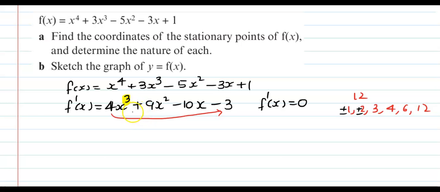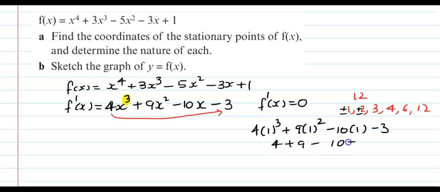So, okay, let's put plus 1 first. It will be 4 times 1 to the power 3 plus 9 times 1 to the power 2 minus 10 times 1 and minus 3. So we get 4 plus 9 minus 10 minus 3.